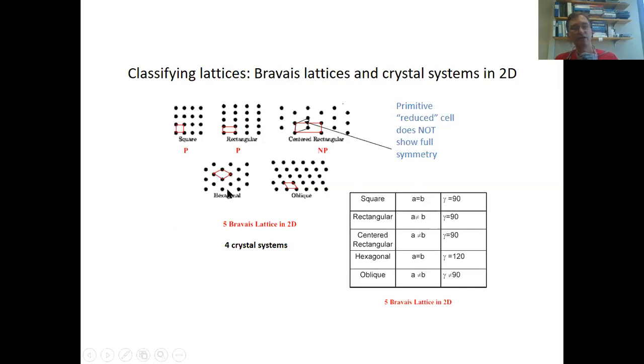And that creates a six-fold axis, which actually sits on each lattice point. So if you rotate the lattice around that six-fold axis, all lattice points will superimpose with the original lattice and is indistinguishable, proving that that symmetry operation is present.